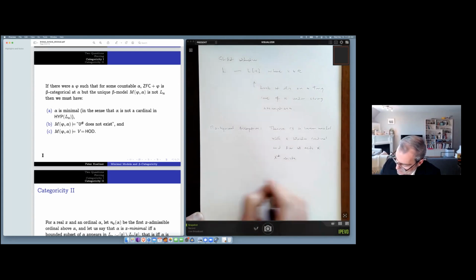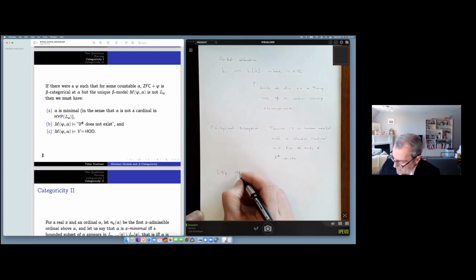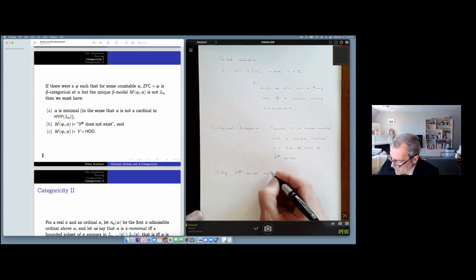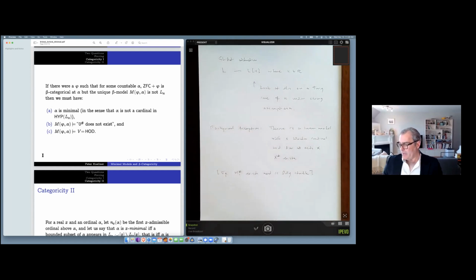Now, for those of you who know inner model theory, that's equivalent to M1 sharp exists and is fully iterable. Okay, so that's the background assumption. And under that background assumption, you get a lot of nice things.